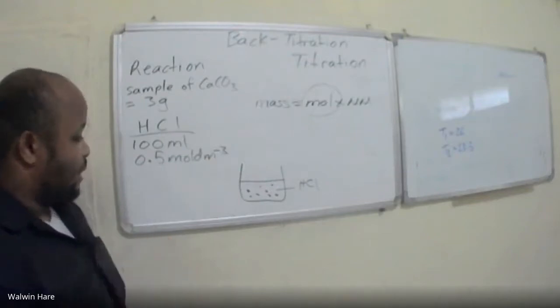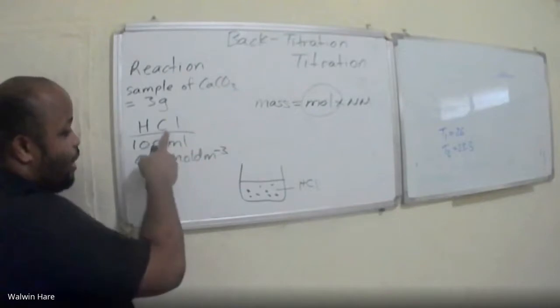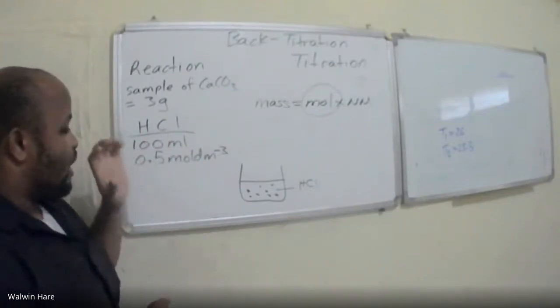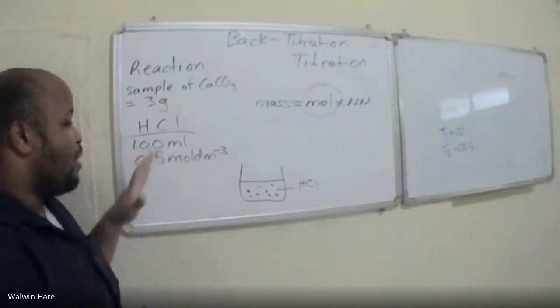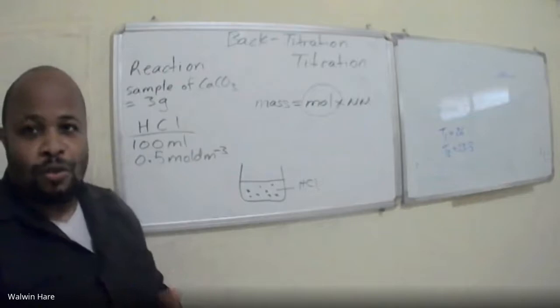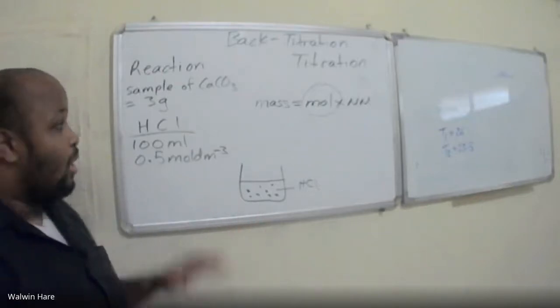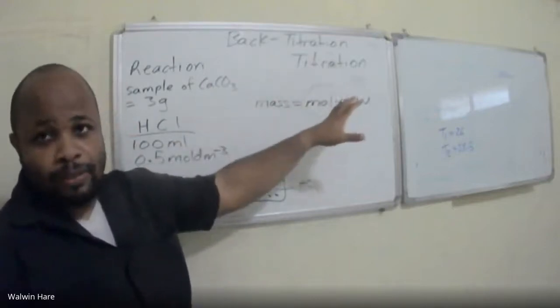However, the issue is we used an excess of hydrochloric acid. So the amount of hydrochloric acid that was used in the reaction, we have no idea how much was used. And that is where the titration part of it comes in.